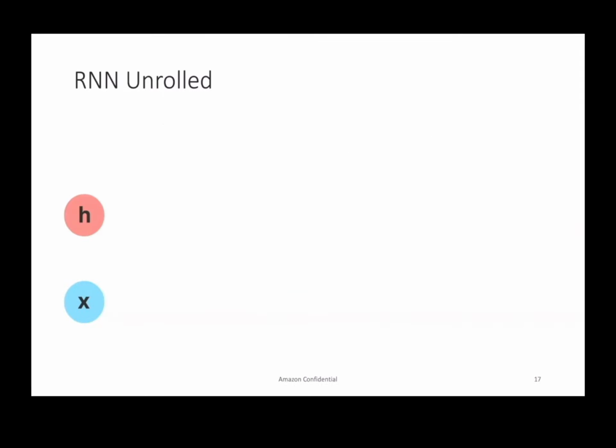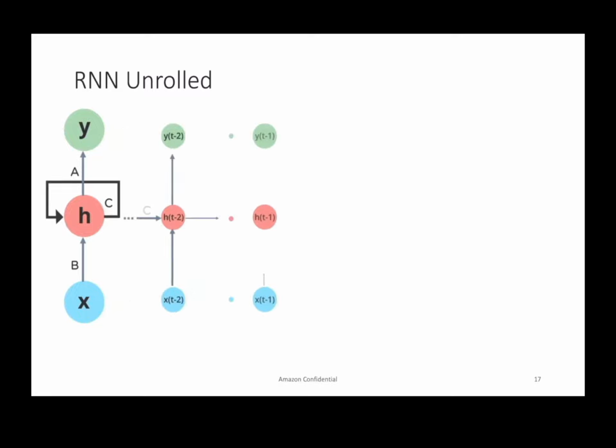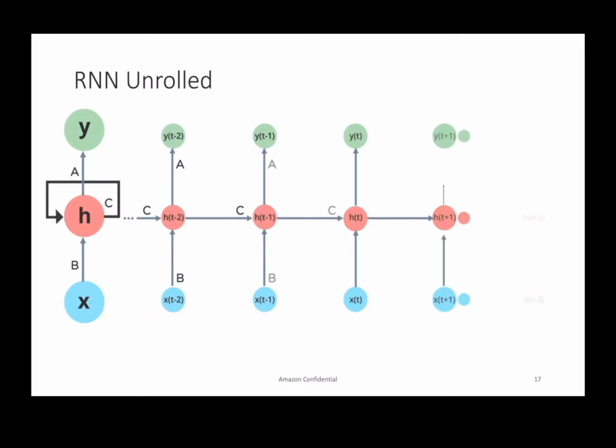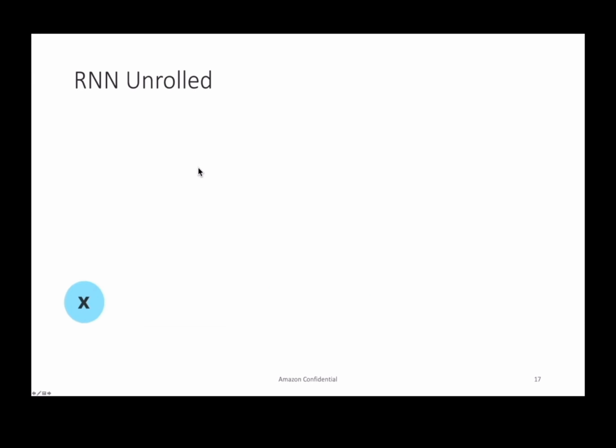So let's visualize the unrolling once again in a little bit. As you can see, this keeps repeating continuously over each time step, right? So the RNN itself remains the same, only the hidden state and the data change.